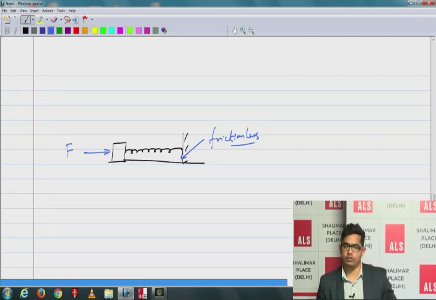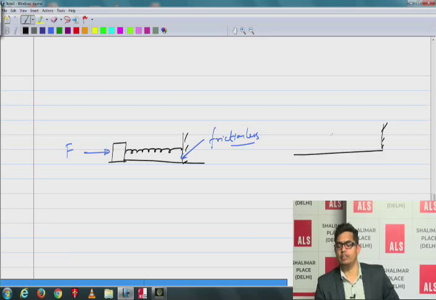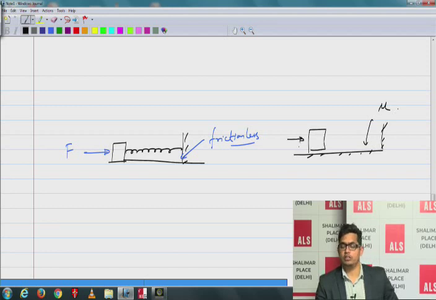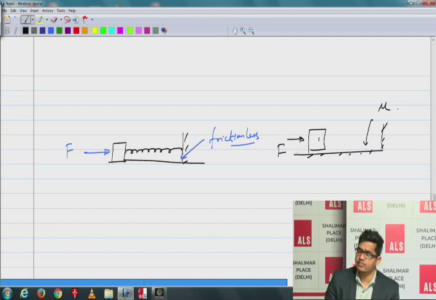It is conserved. On the other hand, imagine there is just a surface without any spring and there is friction. Now push the same box by the same force. What will happen in this case? Your work done is not available in the system.